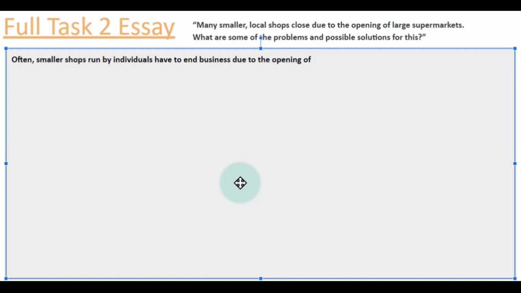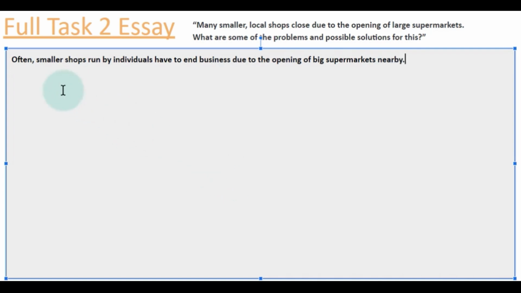Okay, so here we are, and of course we'll begin with our introduction paragraph. Many smaller local shops close due to the opening of large supermarkets. Often, smaller shops run by individuals have to close, have to end business due to the opening of big instead of large supermarkets nearby.